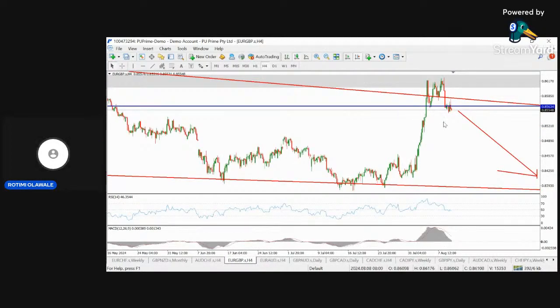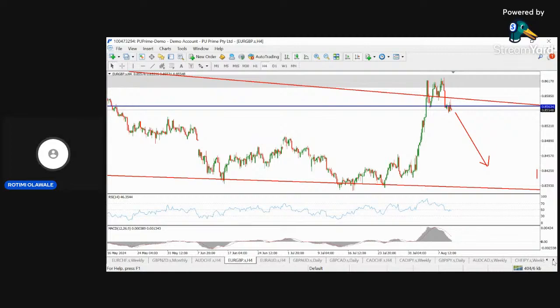And with all this, we're expecting a decline in price on Euro GBP, from this region downwards in the course of this new week. So I'm bearish on the Euro GBP for this week.